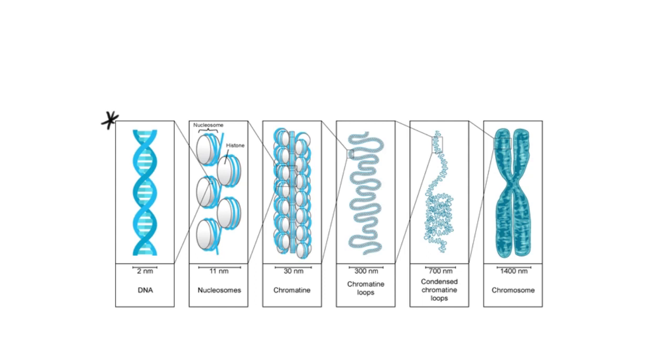Next to that would be the wrapping of those even more, so they're going to coil up, and they're going to just form this really tightly coiled, what we call solenoid structure. And then that is going to just, again, keep coiling, keep looping. And so there's all these different levels of coiling and looping. And eventually we end up over here on the right-hand side with that picture that we're familiar with of a chromosome.